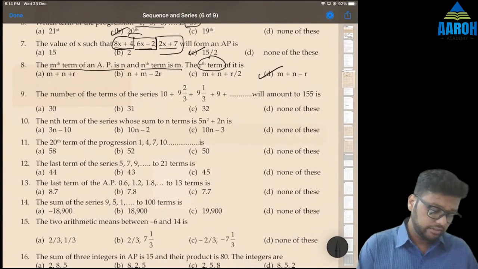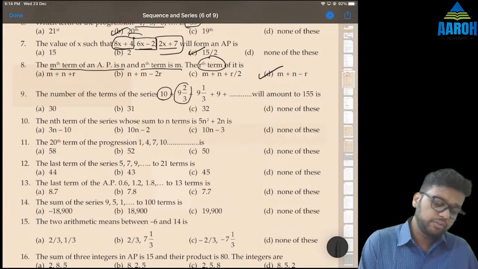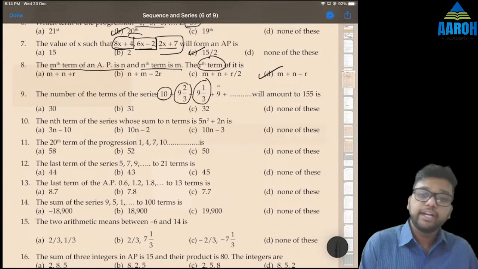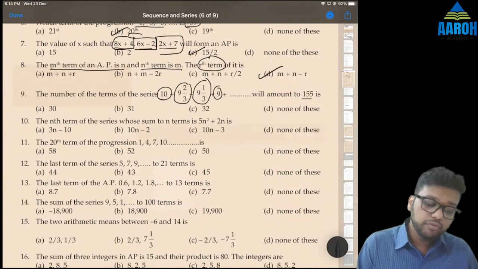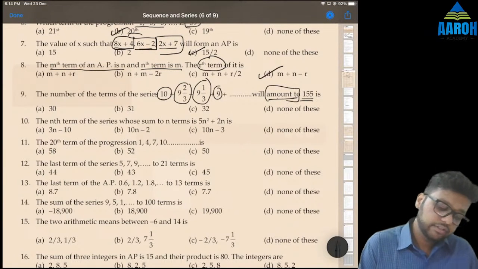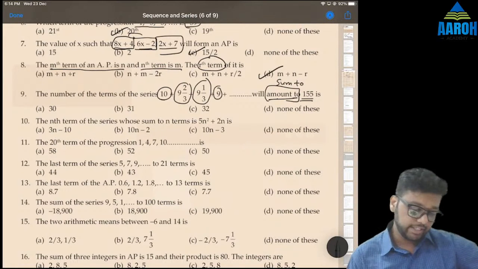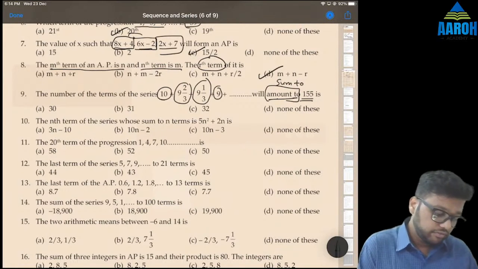Then 9th. The number of terms of the series 10, 9 and 2/3, 9 and 1/3, 9 and so on will amount to 155. Amount to means sum of. Okay, sum to. Amount to means the sum of that series is going to be 155 for how many terms?